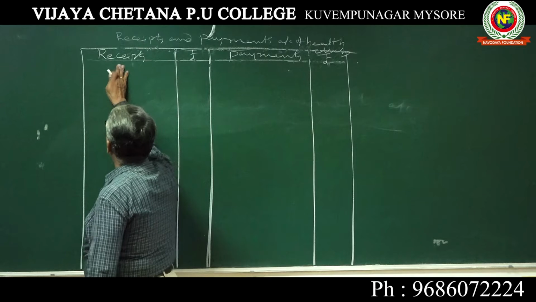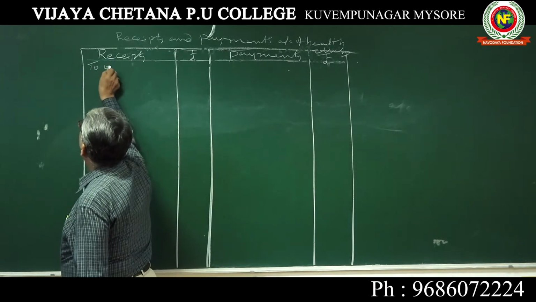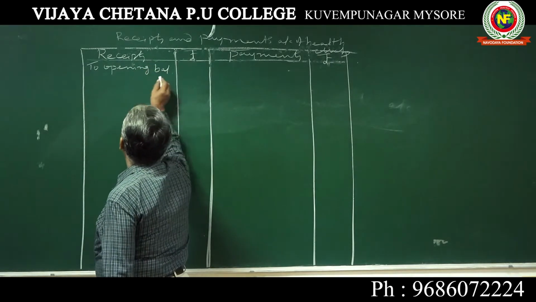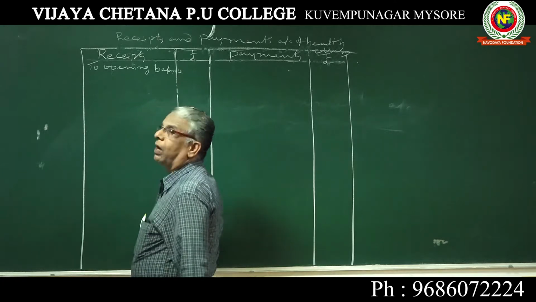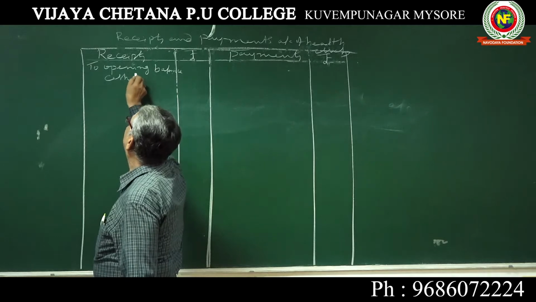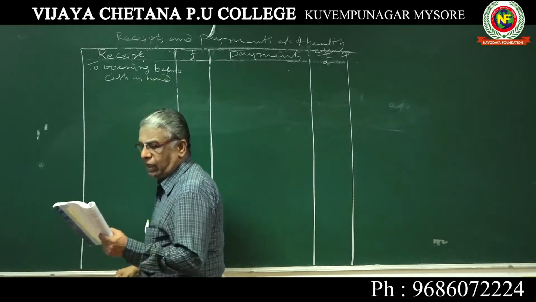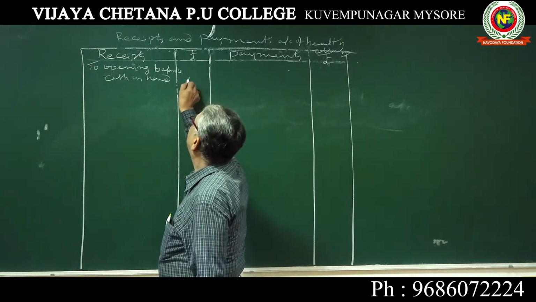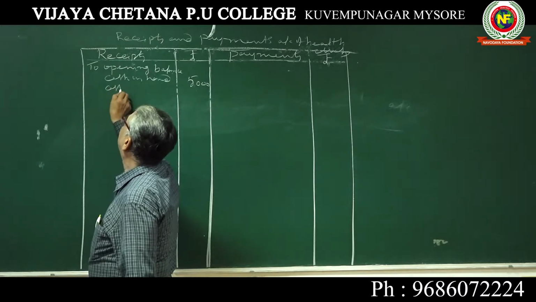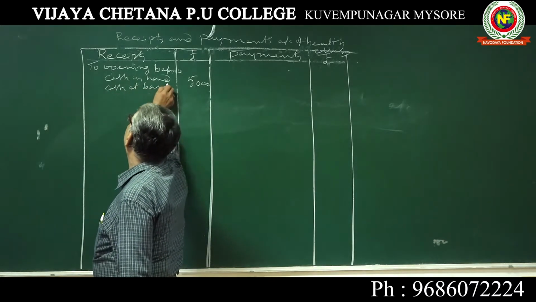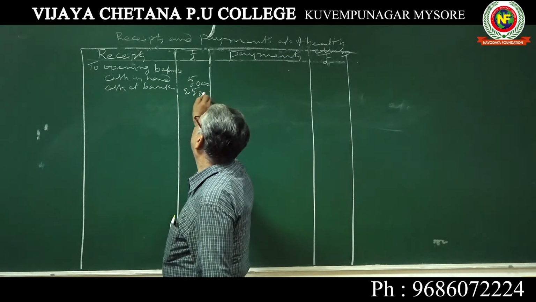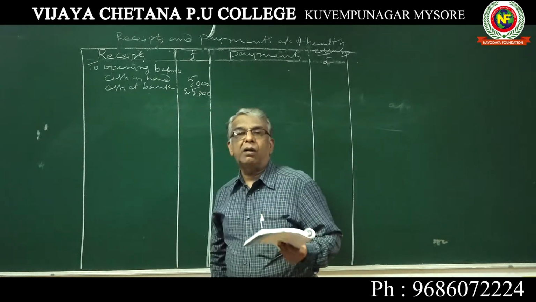So here, to opening balance, he has given cash in hand, rupees 5,000. Likewise, cash at bank, 25,000.